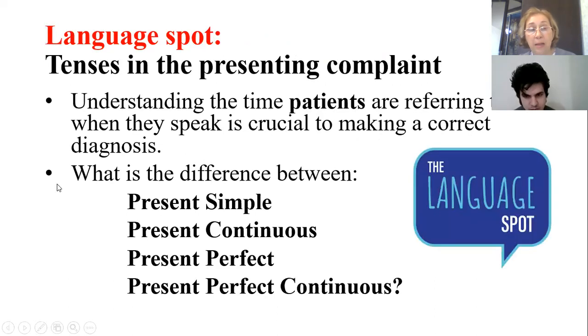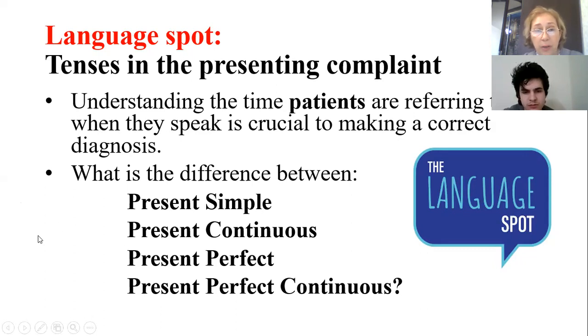Now, let us focus on some grammar issues. Here, this is the language part about tenses in the presenting complaint. So you can see that when a patient describes his condition, the pain, he may use the tenses that belong to the present group.